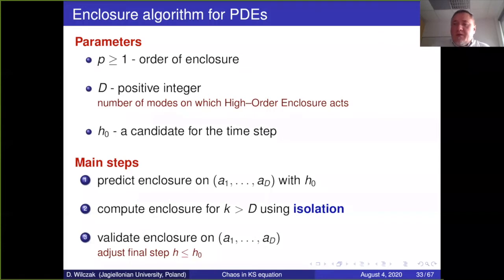And then we come back to the main modes and we validate that we have enclosure on the main modes. So on the tail we have enclosure because the vector field is pointing inwards, and on the main modes we just check inclusion using the higher order enclosure approach. Sometimes we need to adjust the time step, shorten it a little bit if we have no inclusion. Why? Because a recomputation of Taylor coefficients, etc., is very costly. So sometimes it is better to shorten the time step a little bit than recompute everything again.